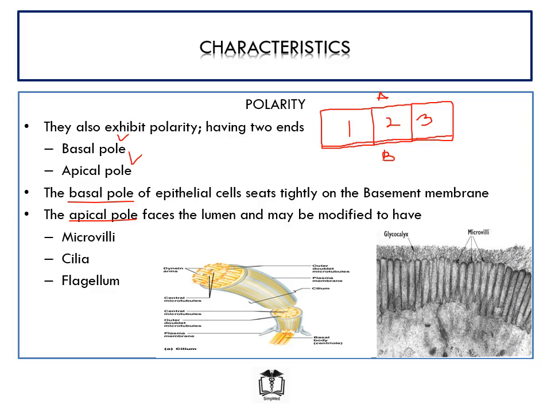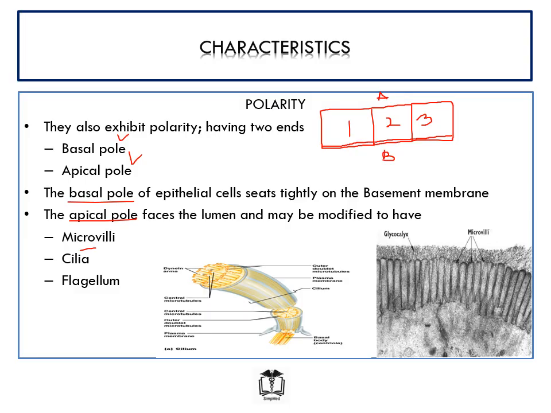And the apical pole could be modified to have some of those features I mentioned before. Remember I mentioned there are some unique features that we don't see in all epithelial tissues, but we can see in some. Some features like microvilli found within the GIT, the intestine, for example, here is a picture of microvilli, would be found on the apical pole of epithelial tissue.